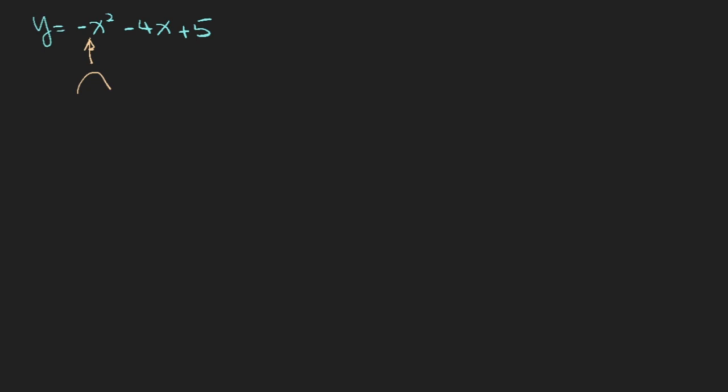And we also know that your graph intersects the y-axis at 5. So now the only thing left is to find out where the graph intersects the x-axis. So to do that, we need to solve this equation. We can find the x-intercepts when y is equal to 0.